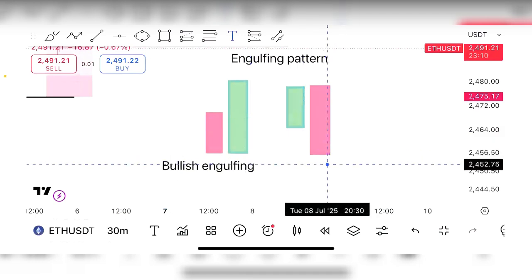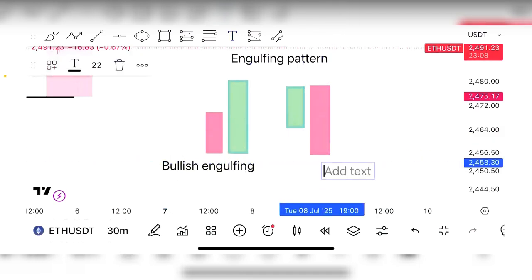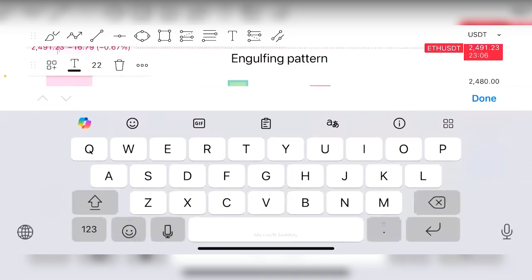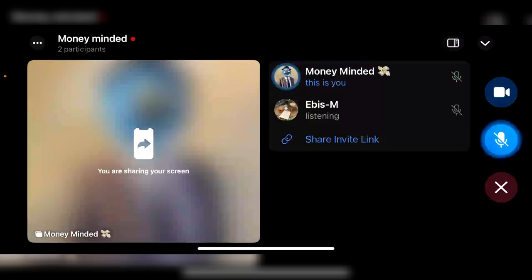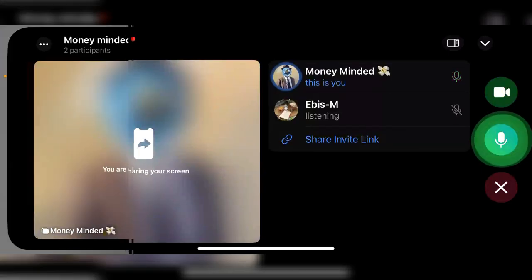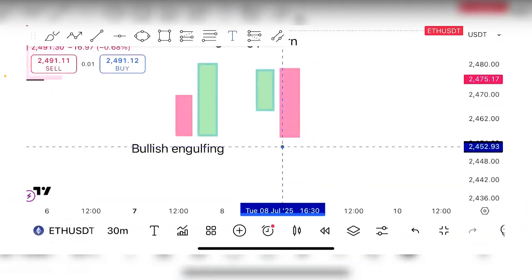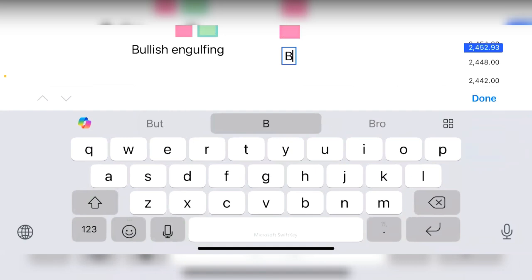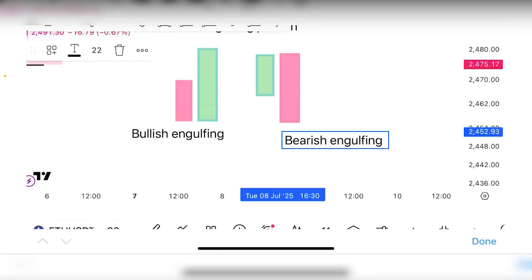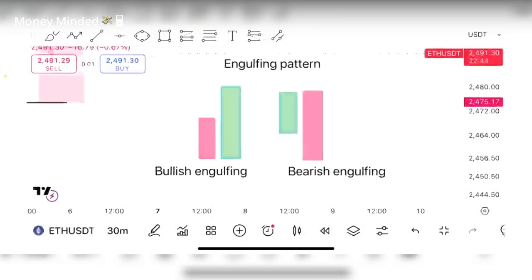This is a bullish engulfing. This is a bearish engulfing. So this is the engulfing pattern. For the engulfing pattern, we have bullish engulfing and bearish engulfing.